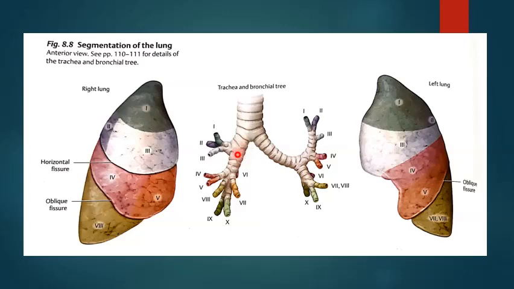Here the relations will be: it passes beneath the arch of the azygos vein and enters the root of the lung and reaches the hilum at the level of the fifth thoracic vertebra. The carina, that is the bifurcation, is present at the level of the fourth thoracic vertebra. And the point where the right bronchus enters the hilum of the lung corresponds with the T5 vertebra, right?